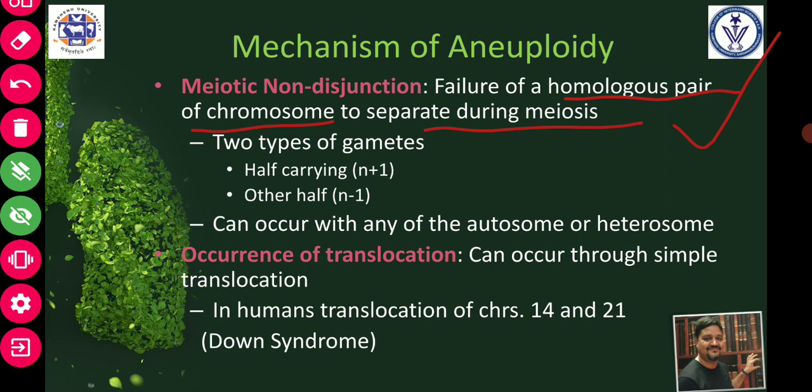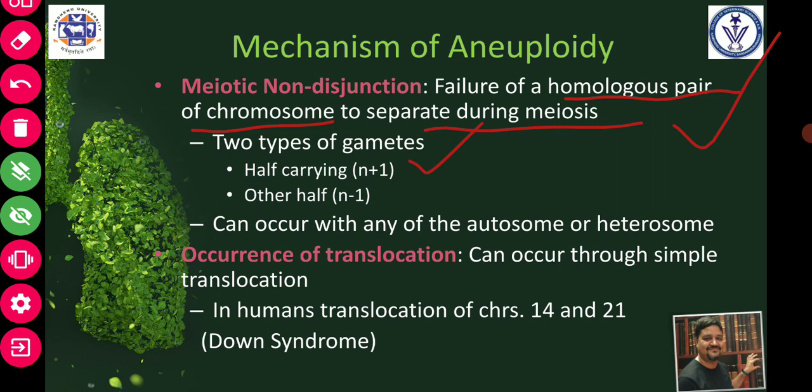In case of polyploids, there was failure of separation of chromatids after metaphase. Whereas in this case, it is meiotic non-disjunction, that is, failure of a homologous pair of chromosomes to separate during meiosis. So it will be of two types.